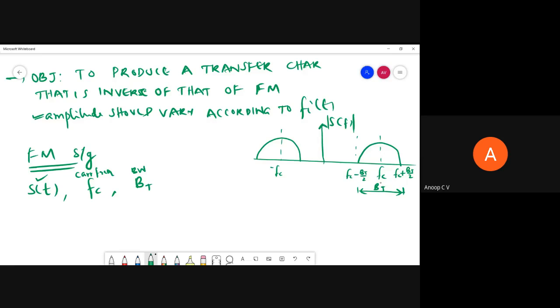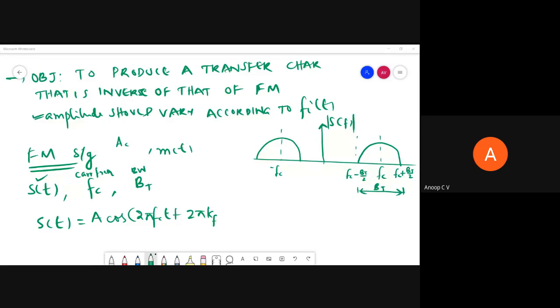Now, can anyone tell me what is the time domain expression for this S of t? If carrier frequency is FC and carrier amplitude is AC, it will be AC cos of 2 pi FC t plus 2 pi KF times, and if we assume the message signal is M of t, 2 pi KF times what?